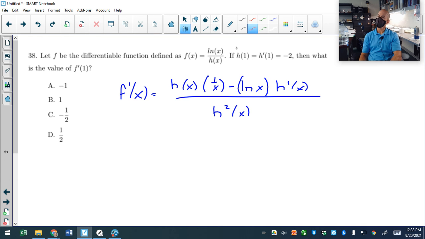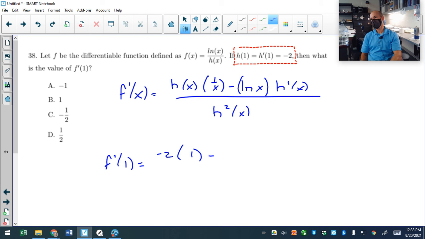And here is where we use these values. They tell you what h of 1 and h prime of 1 are, and they both equal negative 2. So f prime of 1 is going to be h of 1, negative 2, times 1 over 1, minus natural log of 1. We have to remember that. Times h prime of 1, which is negative 2, all over h of 1, which is negative 2, all squared.